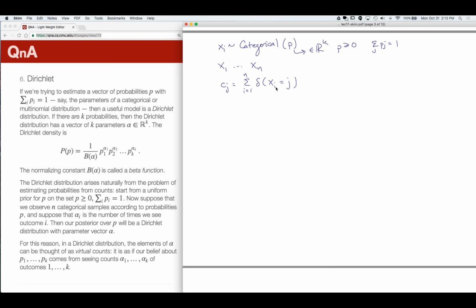So these are just the counts, and since the x's are categoricals, the counts are going to follow a multinomial.